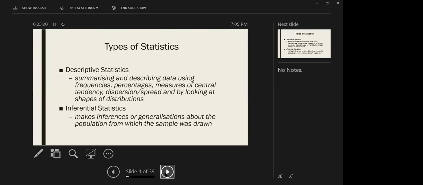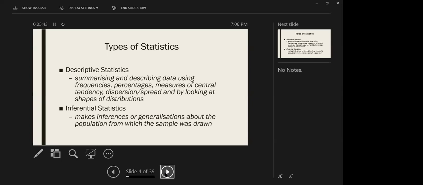So descriptive statistics is when we are talking about statistics that are mainly inclined to summarizing and describing the data by use of what we call frequencies, percentages, measures of central tendency, dispersion, or spread, by looking also at the shapes of distribution.